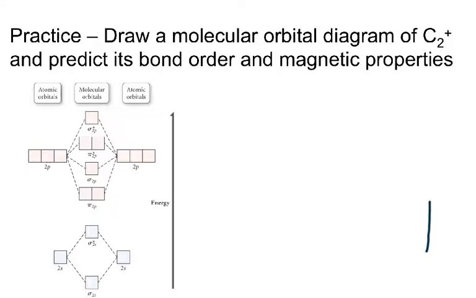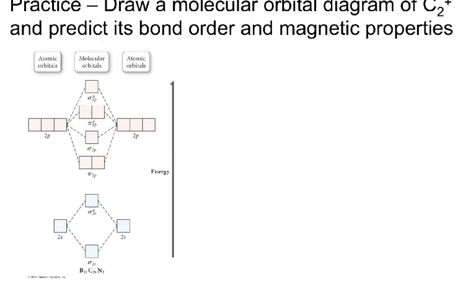Okay, next, draw a molecular orbital diagram of C2+, and predict its bond order and magnetic properties. I would recommend pausing and working through this yourself. We have the diagram there on the left. For C2+, each carbon comes with 4 electrons, but then we're subtracting 1 for our plus, so we're going to have 7 electrons to account for. 1, 2, 3, 4, 5, 6, 7 electrons.